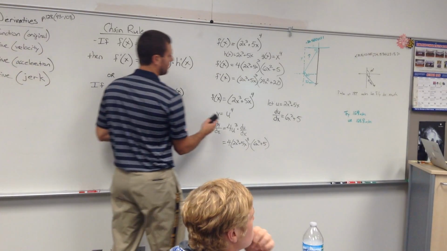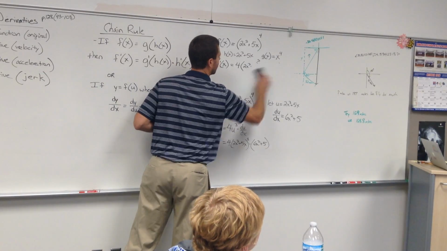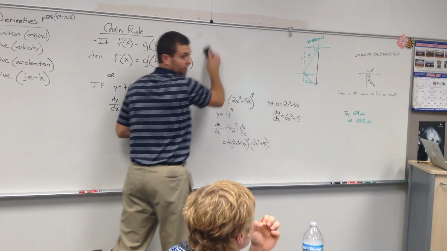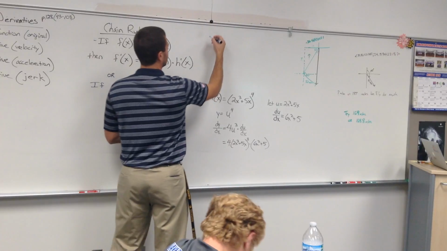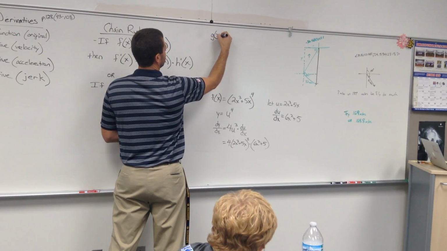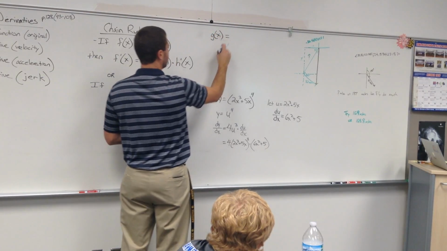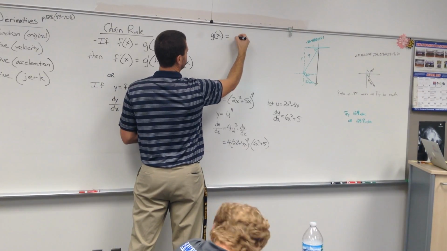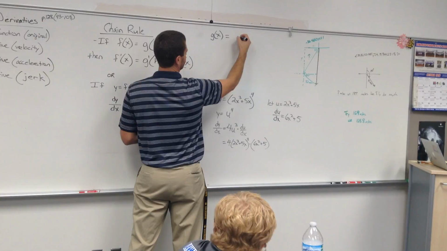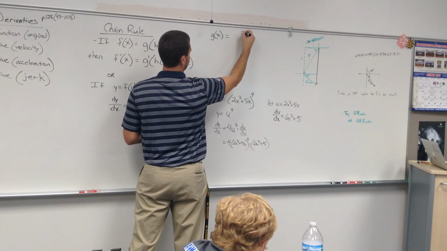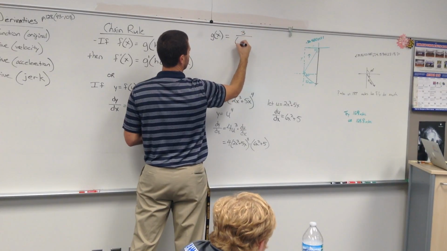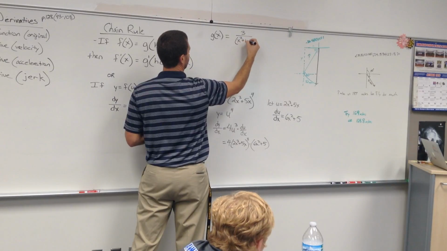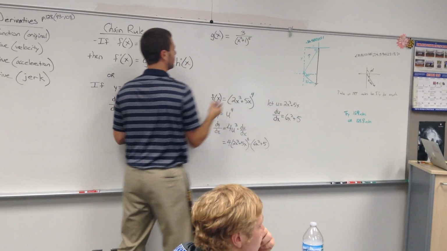I'll do another one here. Okay? I'll do a negative exponent. I'm just picking g to change it up. g was getting lonesome. Let's go g of x equals 3 over x squared plus 1 to the 5th.